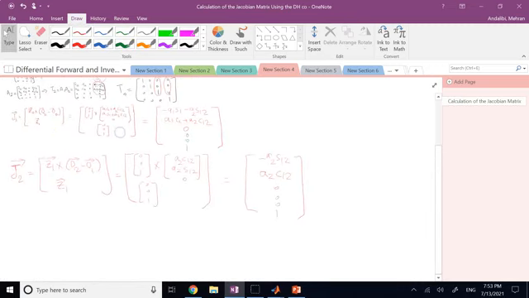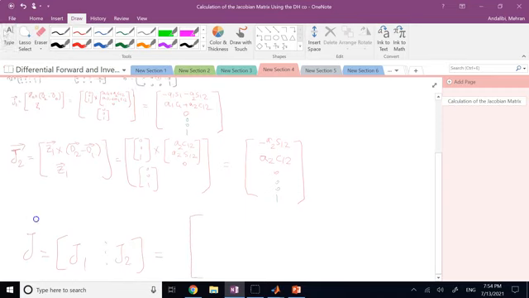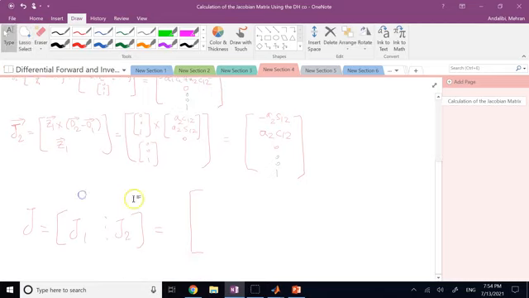And now put them side by side. J is J1 and J2. So all you need is to just bring these guys and put them side by side.